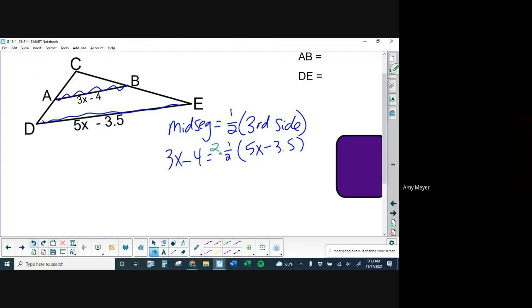If I multiply by 2, the fraction's gone. Let's do that. Multiply by 2 on both sides. So if I multiply by 2, I get 6x minus 8. Not minus 4. The whole thing is multiplied by 2. On the right.